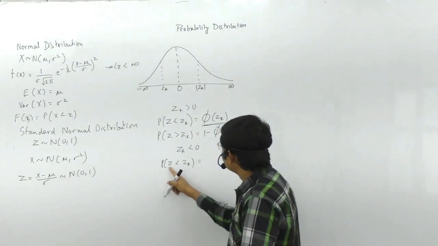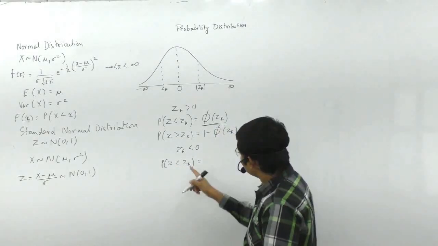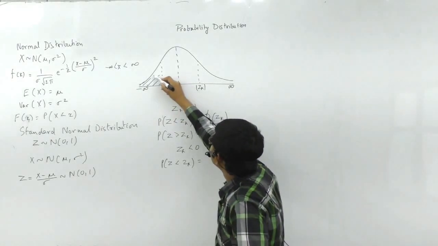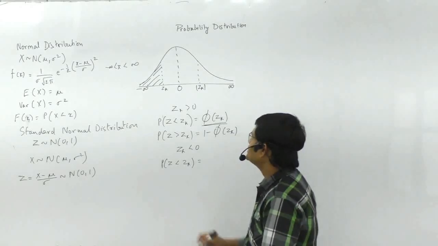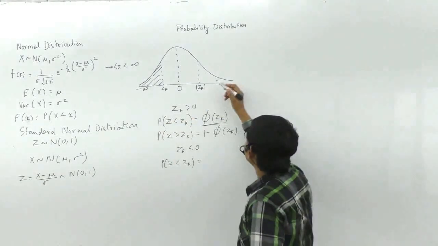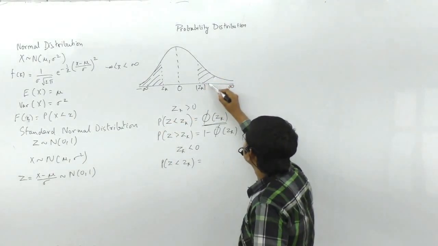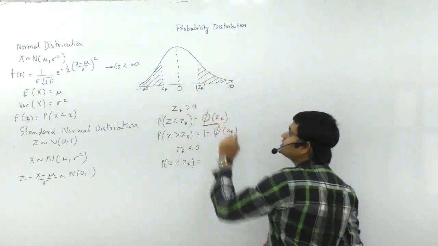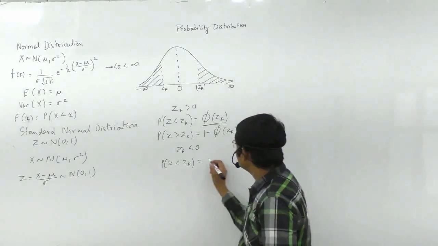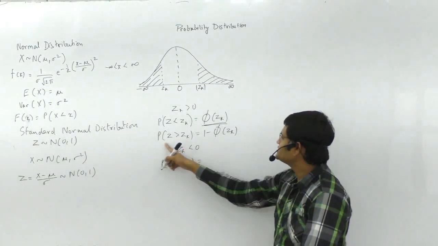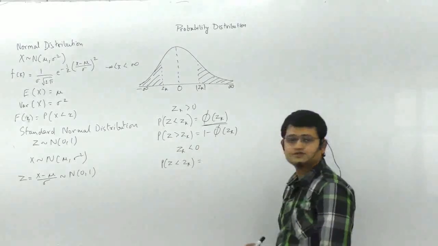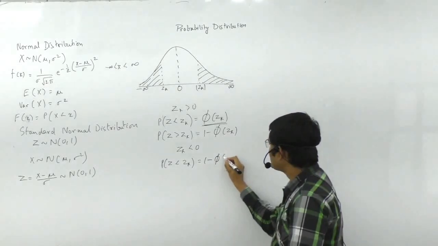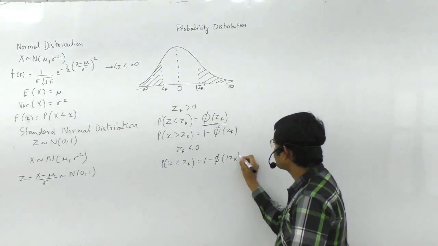So if I need to find the probability z less than zk, where zk is a negative value, I am basically trying to find this particular probability. This particular region is exactly the same as this region, that is nothing but the probability greater than the positive value of zk. So this will be the same as the probability z greater than zk if zk was positive. So I can say this is nothing but 1 minus phi of mod zk.